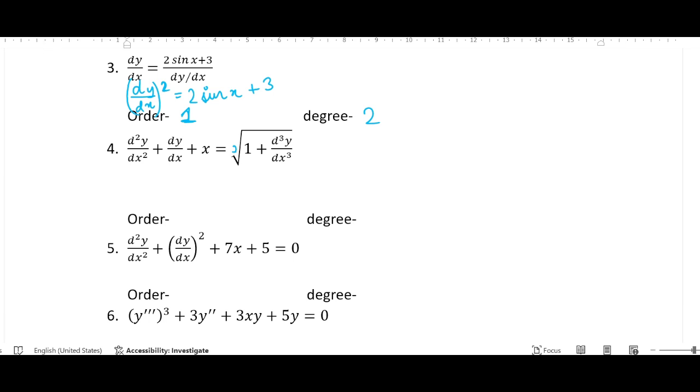So now let us make it into a nice number where there is no under root. Okay, so now we can write it as d square y by dx square plus dy by dx plus x, the whole to the power 2 is equal to 1 plus d cube y by dx cube.